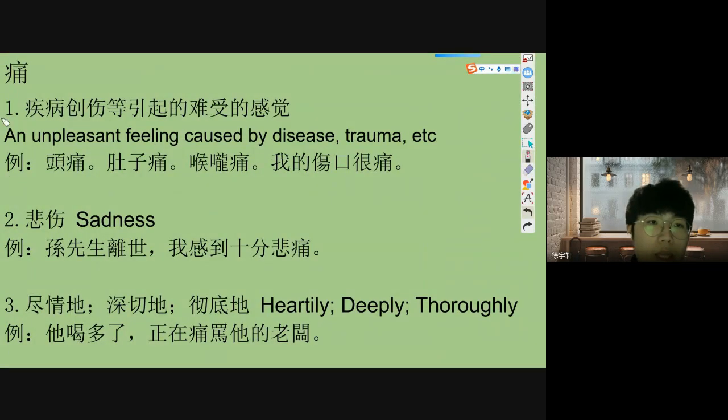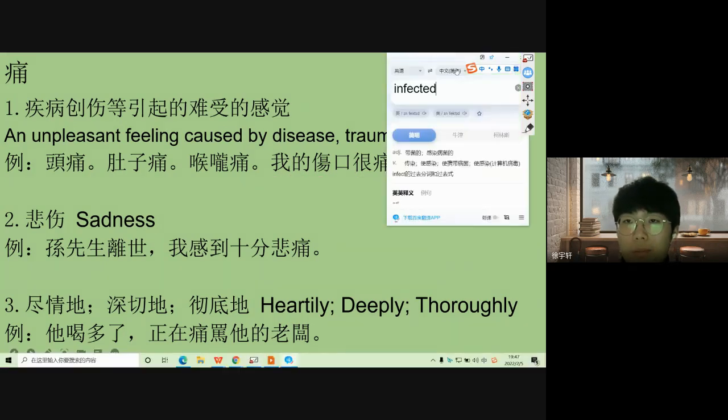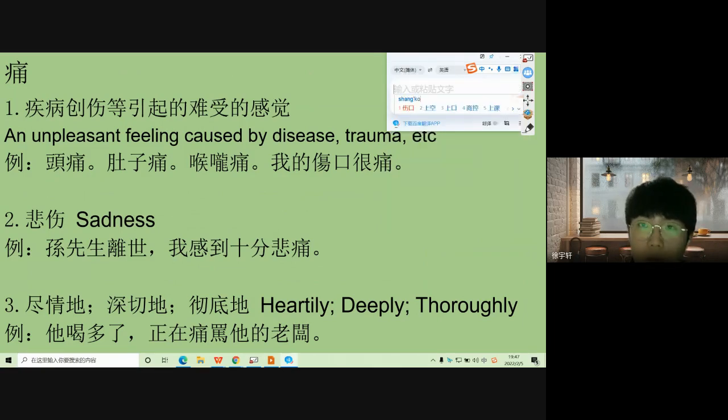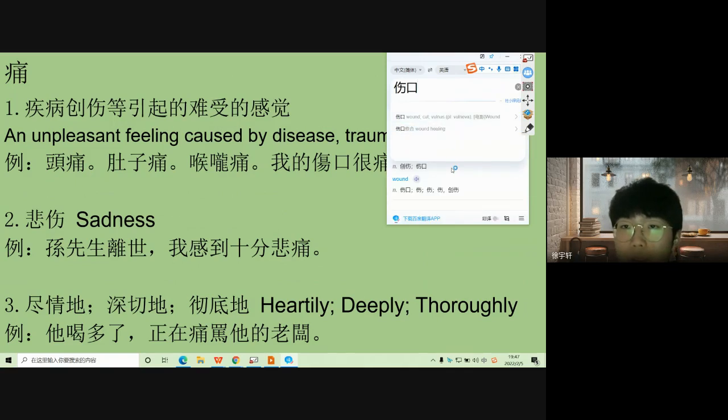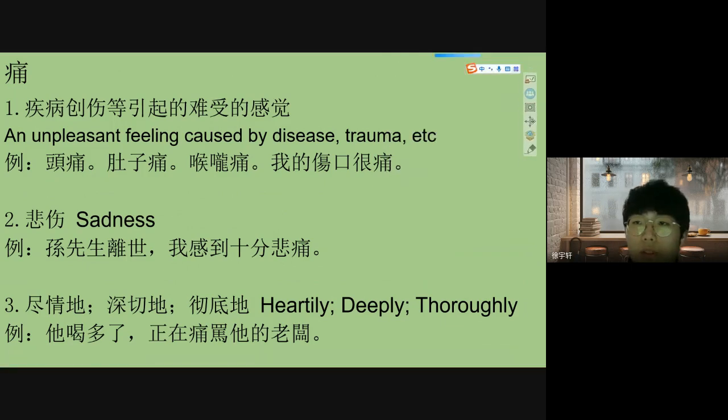The first meaning is an unpleasant feeling caused by disease or trauma. For example, 头痛, headache; 肚子痛, stomachache; 喉咙痛, my throat is very painful; 我的伤口很痛, the wound is very painful. Is 痛's first meaning good to understand?